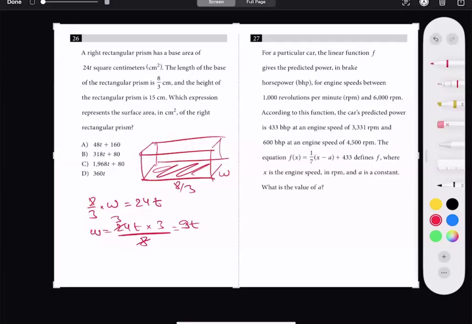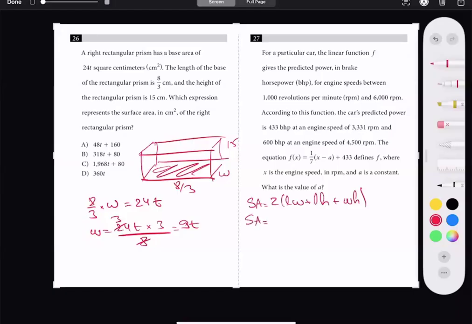Okay. What does he want? He gives the height, which is 15. Which expression represents surface area? The surface area of a rectangular prism is 2 times LW plus LH plus WH. Did you know that? Yes.